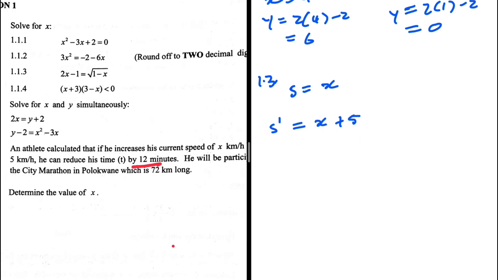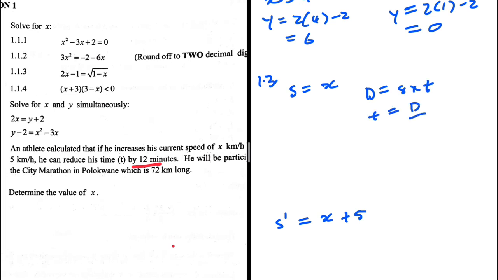Let me just drag this down. So the time, well, we know that distance is equals to speed multiplied by time. So time is equals to distance divided by speed. So the time when the speed is x is the distance, which is 72, right, divided by x.